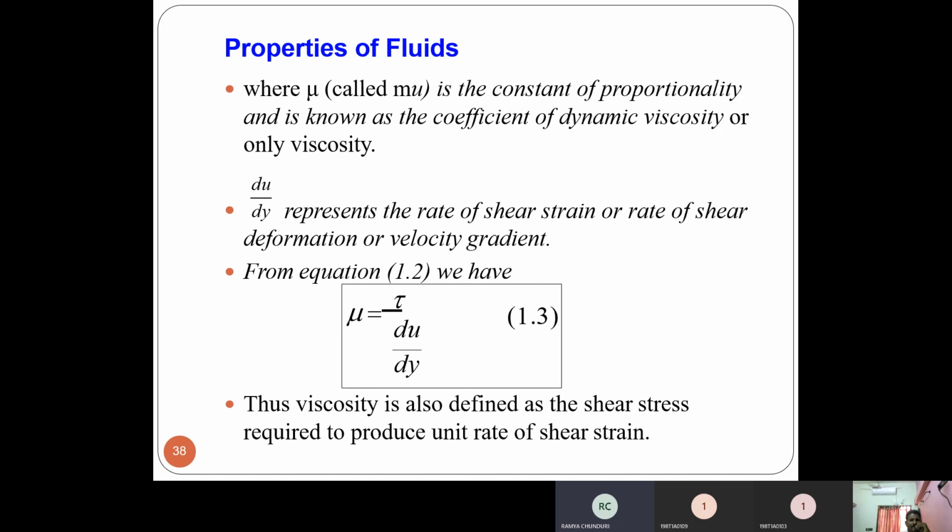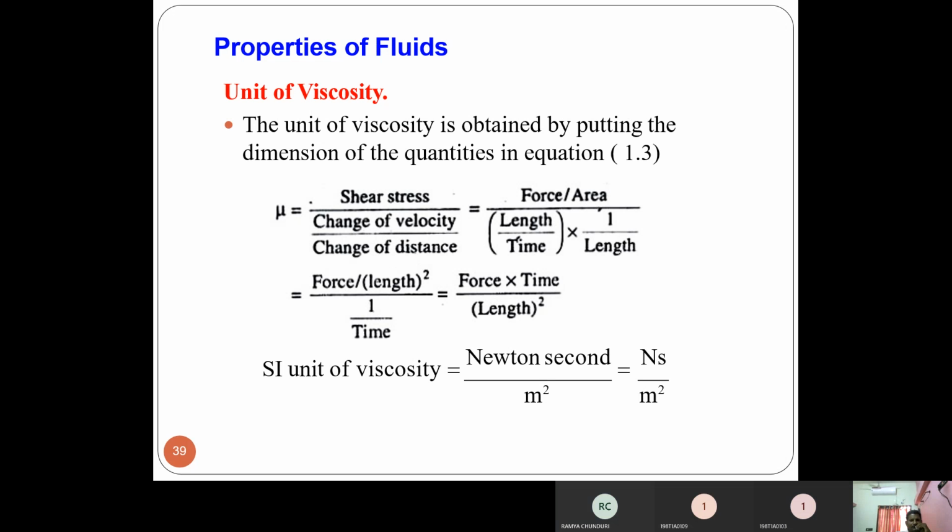How can we define the dynamic coefficient of viscosity, or simply viscosity? Viscosity is the property of the fluid which offers resistance to the fluid flow. Mathematically, its magnitude is equal to the shear stress by shear strain. Now on to the next slide.